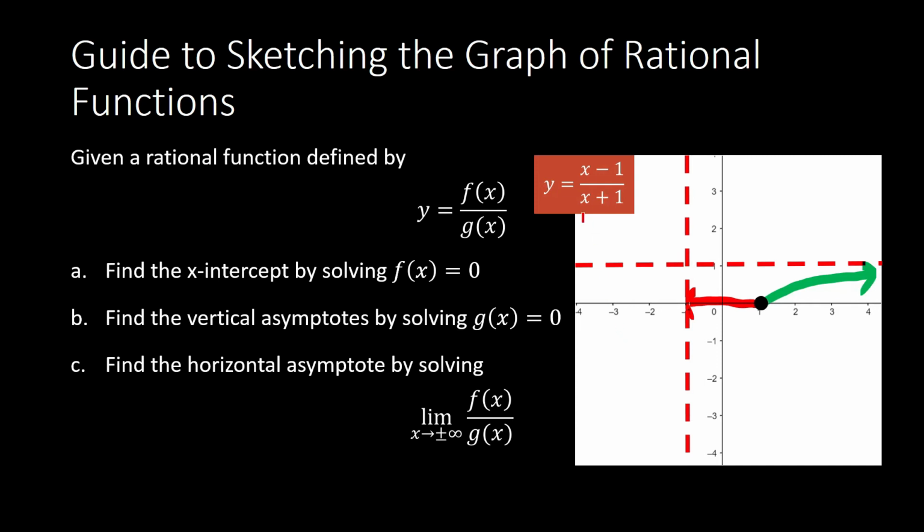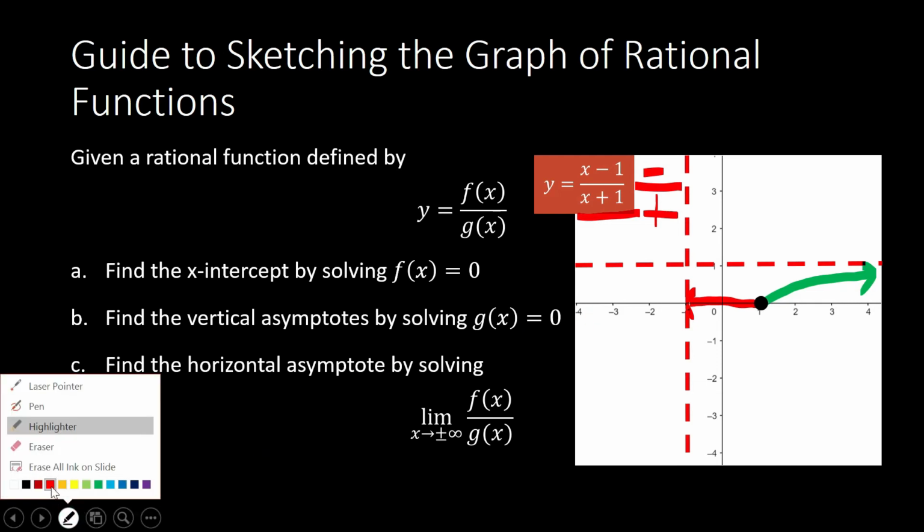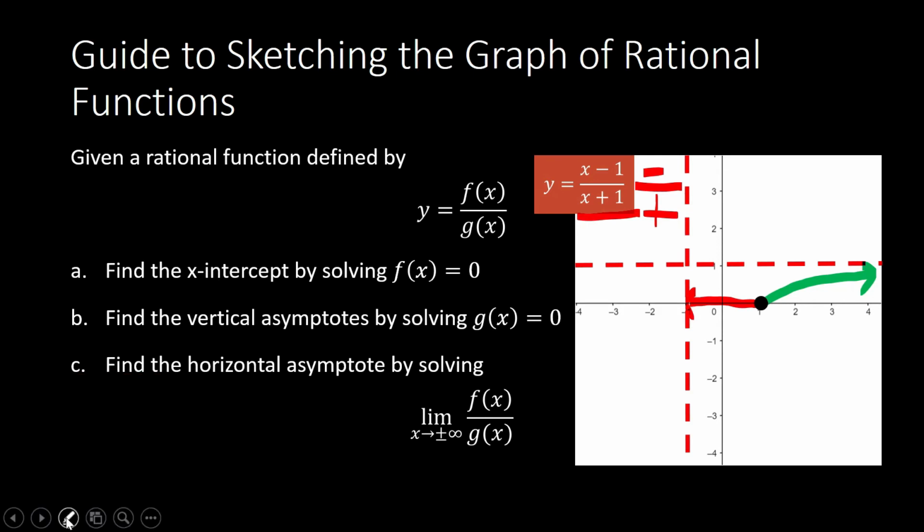If you were to evaluate this, negative 0.9 minus 1 is negative, and negative 0.9 plus 1 is positive. So what you have here is negative divided by positive. That means your function is negative. It is below the horizontal axis when x approaches negative 1 from the right. So it will approach your vertical asymptote.